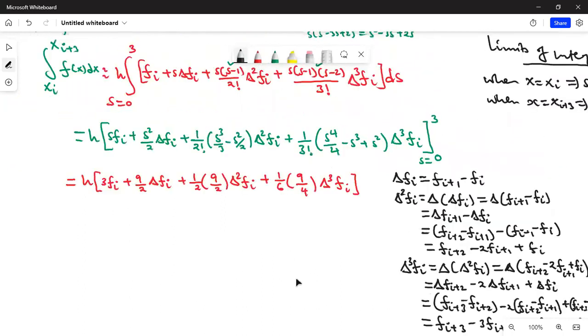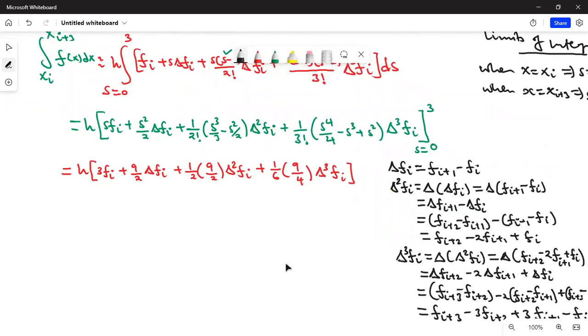That's what we'll substitute now here. So let's replace those functional values in this integral so that our integral will now be equal to h, 3fi, then plus 9 over 2, fi plus 1 minus fi plus, so replace everything in that, whatever we have on the right hand side.